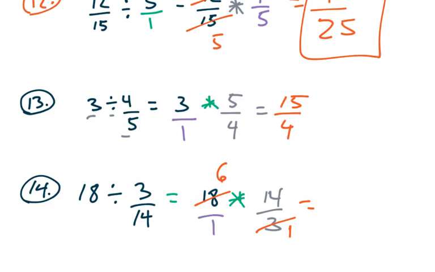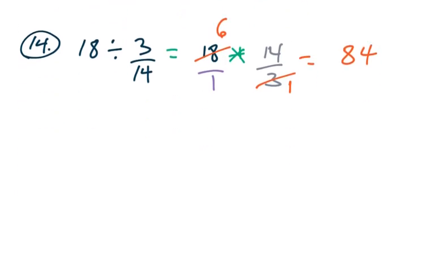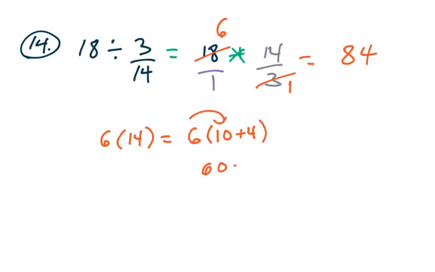So 6 times 14 is 84. What I do there, by the way, in my head, is when I see 6 times 14, I actually think of it as 6 times 10 plus 4. And the first part is 60, the second part is 24, and when we put it together it's 84.